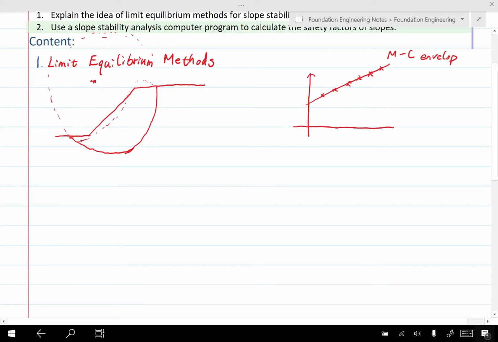To do the analysis, what we usually do is divide this soil body above the slip surface into slices. Usually we assume that they have the same width.